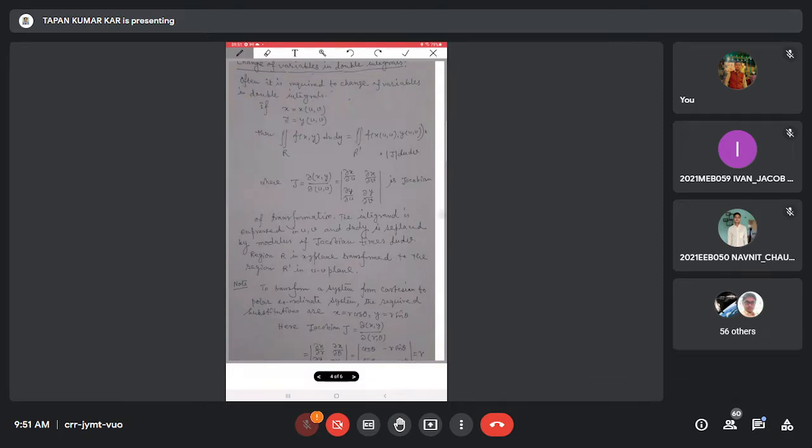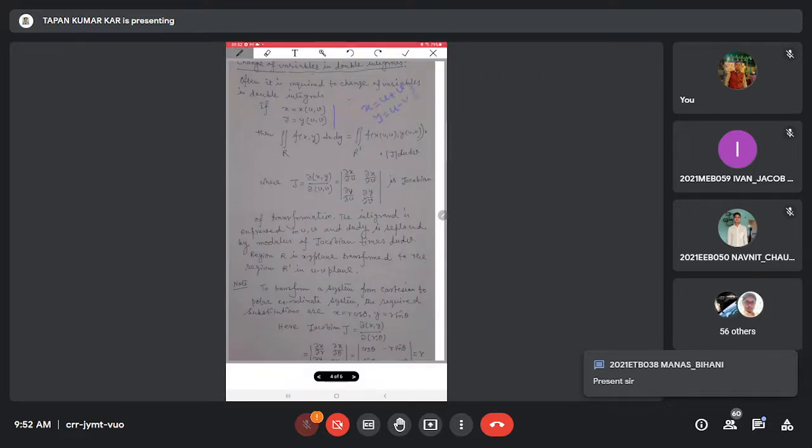You can give a transformation, say x equal to x(u, v), y equal to y(u, v). That is, your system transformed from the xy coordinate system to the uv coordinate system. It is just an example, for example, x equal to u plus v, y equal to u minus v.